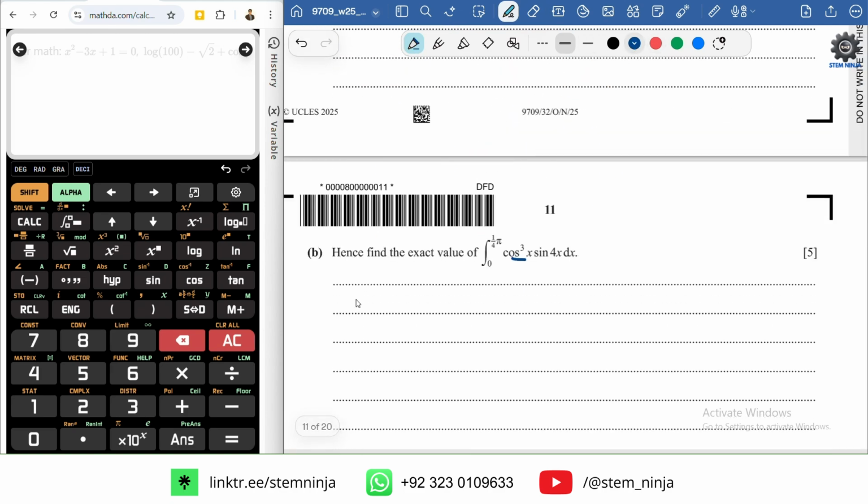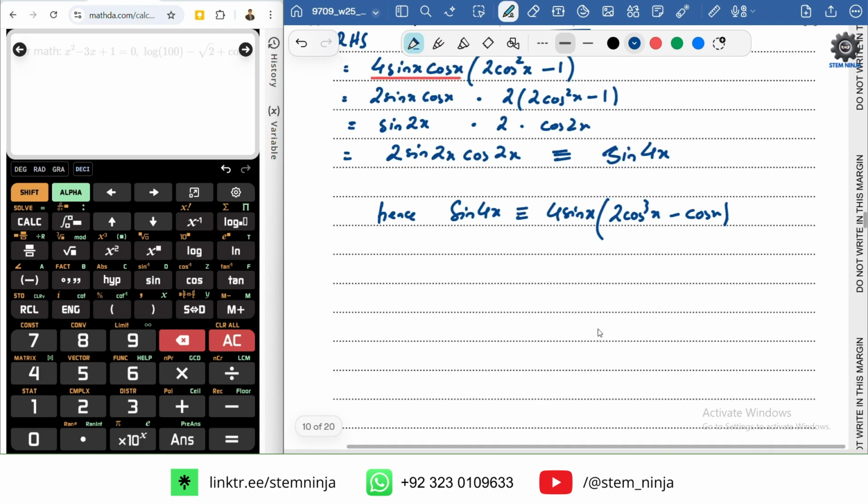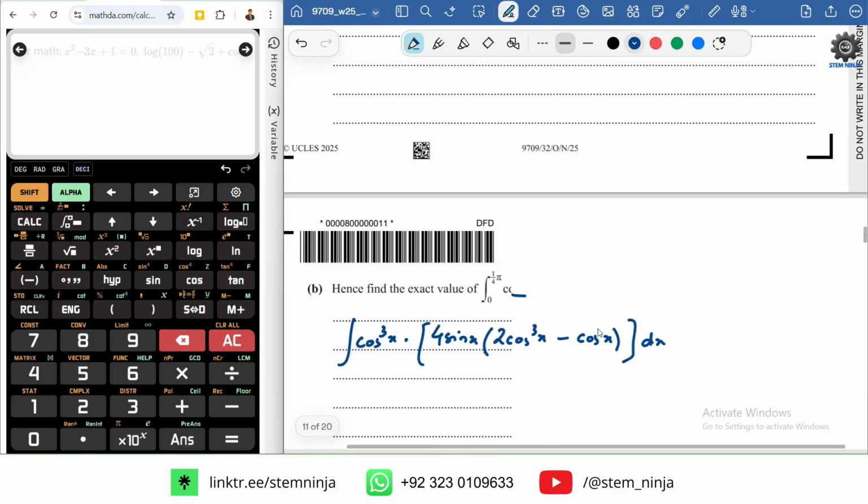So you have the integral of cos cubed x times 4 sine x times (2 cos cubed x minus cos x) dx. Just to make sure, this was 4 sine x, (2 cos cubed x minus cos x). Okay.